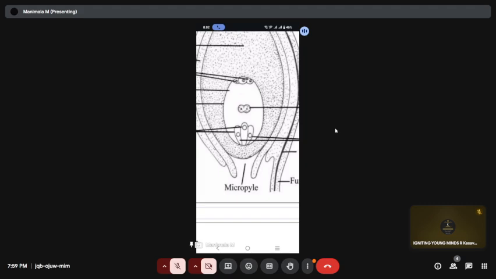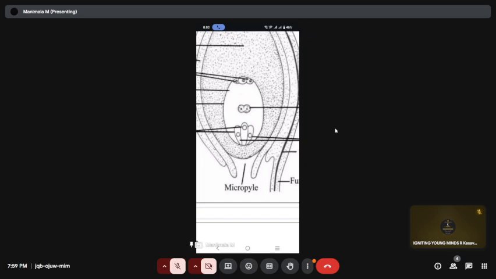The nucellus is covered by how many membranes? Two integuments. What are they? One is the outer integument and another one is the inner integument. And how is the ovule attached to the placenta?